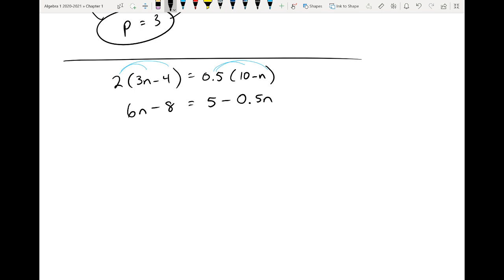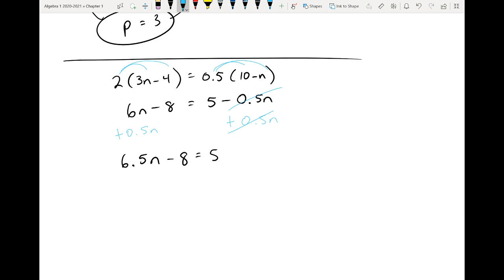Then I need to move all my variable terms to one side and all of my constant terms to the other. This being a variable term, I'm going to add it over to this side, so I'm going to add 0.5n. Those are going to cancel out. 6 plus 0.5 is 6.5n minus 8 equal to 5.